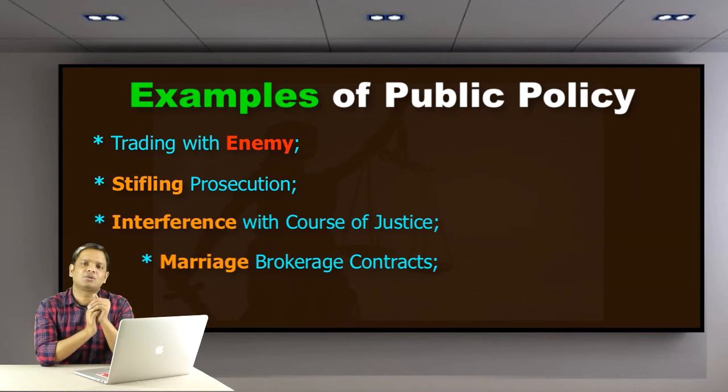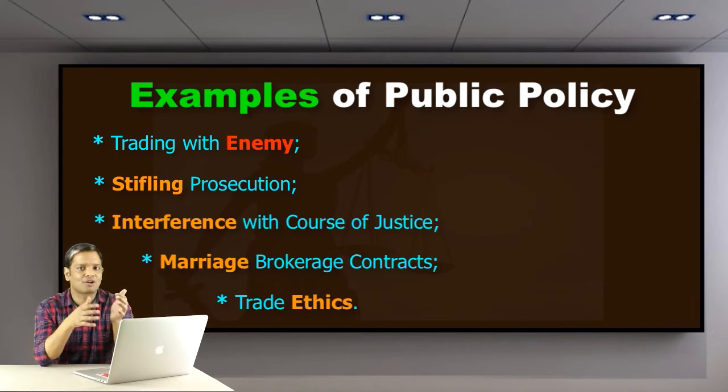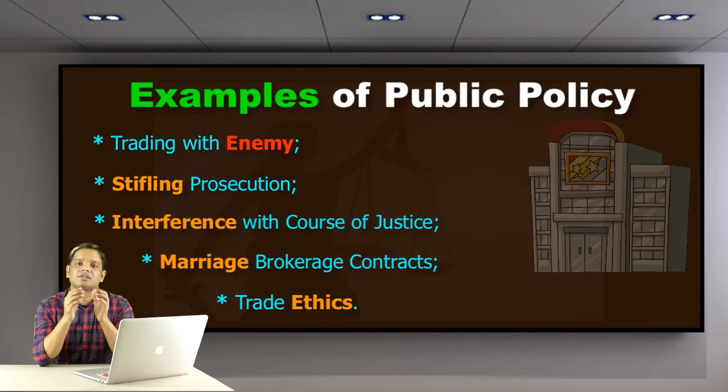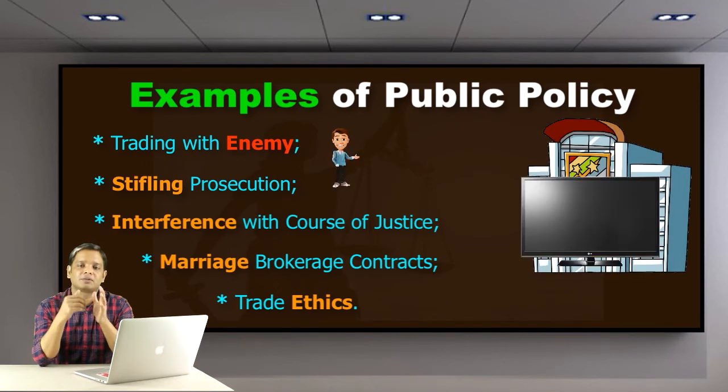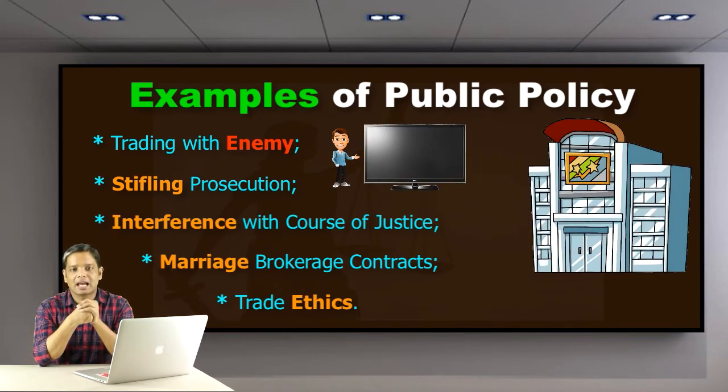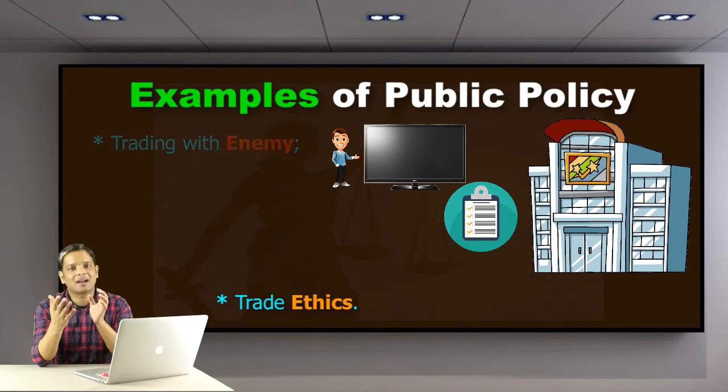The last one is trade ethics. It is another interesting point that you need to understand, and you more often come across such things. If you understand this point, you can avail your rights adequately. Let's understand it with an example. Suppose you bought a TV from a shopping mall and you didn't pay attention to the terms and conditions mentioned at the back of the receipt.